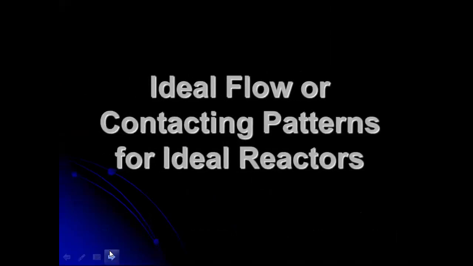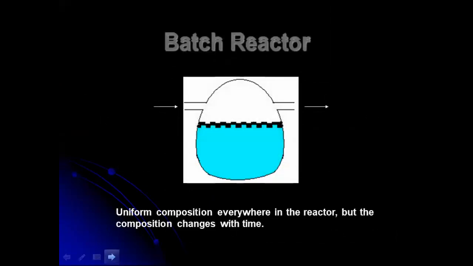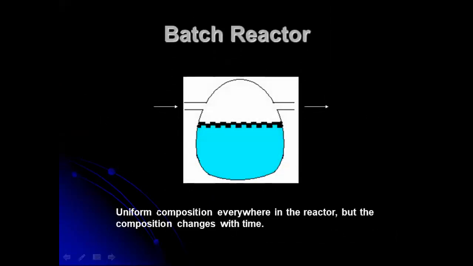So in here, we'll be talking about the ideal flow or contacting patterns in the 3 commonly used reactors as basis in designing actual reactors in the industry. So for kinetics, the major reactor that is being used in analyzing empirical data is the batch reactor.